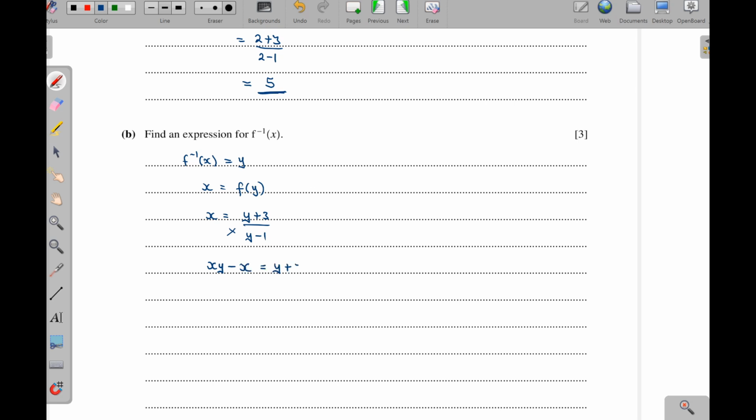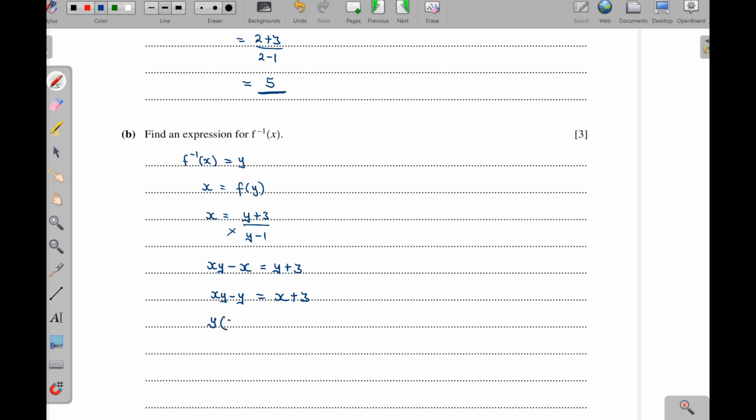y plus 3. Then I put terms that have y on one side. So bring this on this side, then take this x this side, right? So we shall have xy minus y, then is equal to, when this x crosses, it becomes a plus, so we shall have x plus 3. And then from here, y is common, so we factorize it.